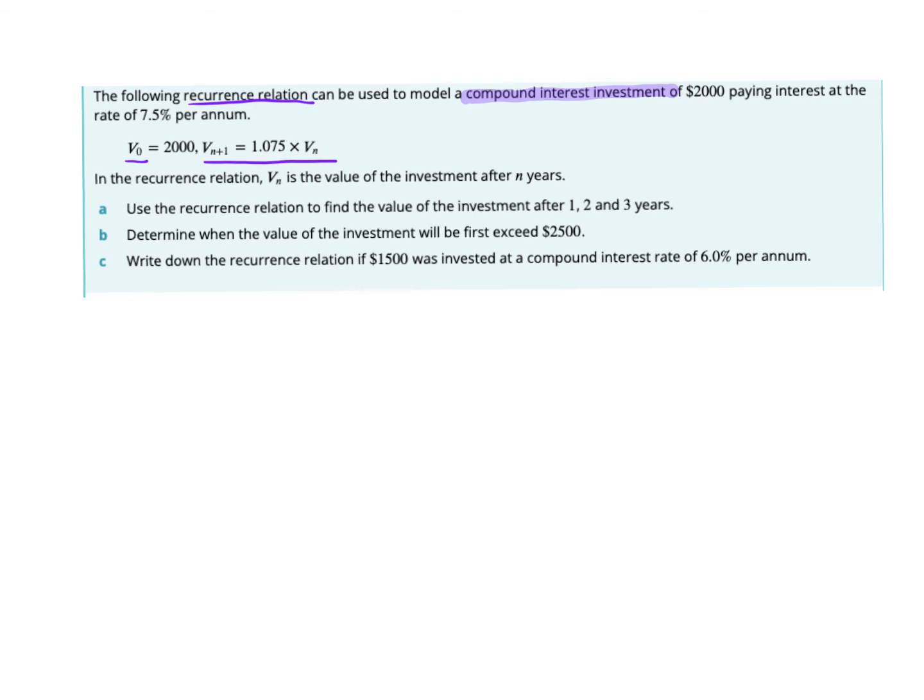So investment's like we're just putting it into the bank. And so when they say 2,000 here, that's going to be my V0, and that's why they've called that V0. And paying interest at 7.5% per annum. So, what does per annum mean again? Yeah.